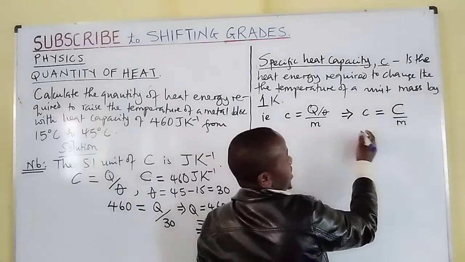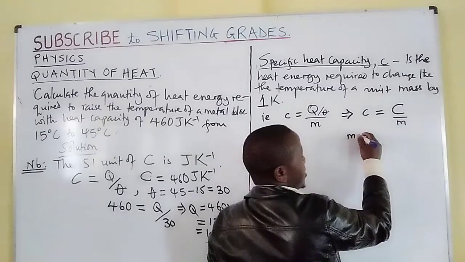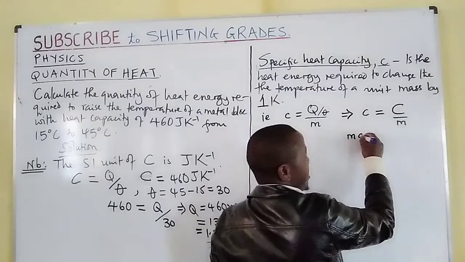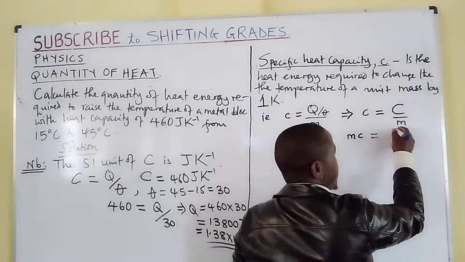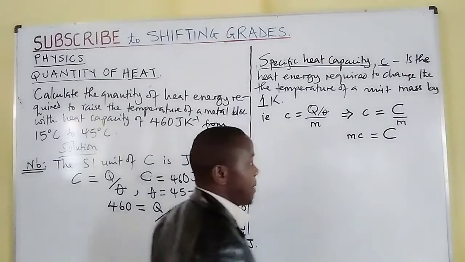When we cross multiply, we get that the mass times the specific heat capacity of the substance gives us the heat capacity.